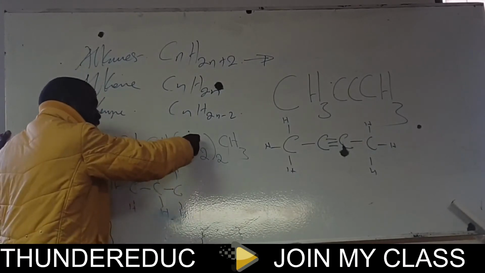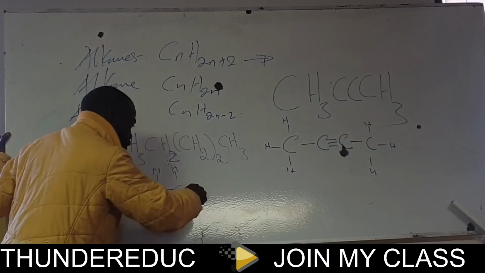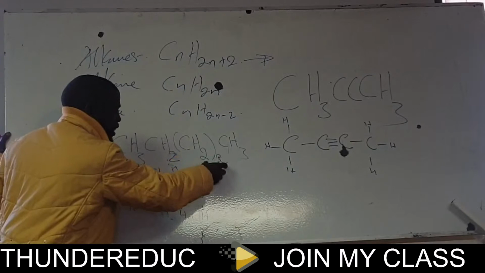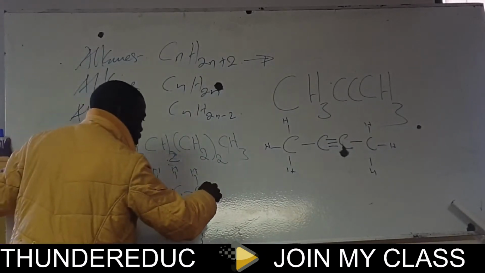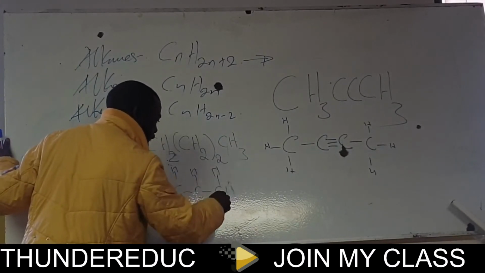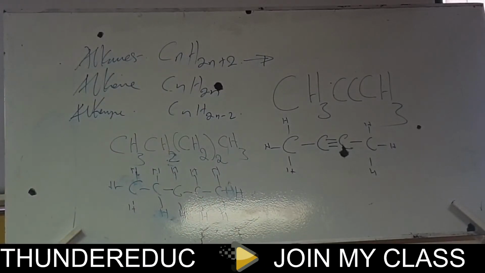But they are saying that this carbon is times 2, so it's going to become again CH2. So now I've written this, just compressed a bit. And then now it's going to have CH3, which is hydrogen.